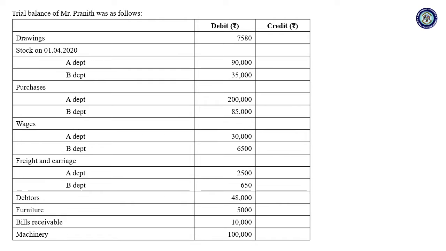Freight and carriage is a direct expense. Freight is nothing but goods or cargo carried by ship, train, truck or aeroplane, carried by any mode of transportation. Now we are carrying goods, and goods means it is a direct thing.